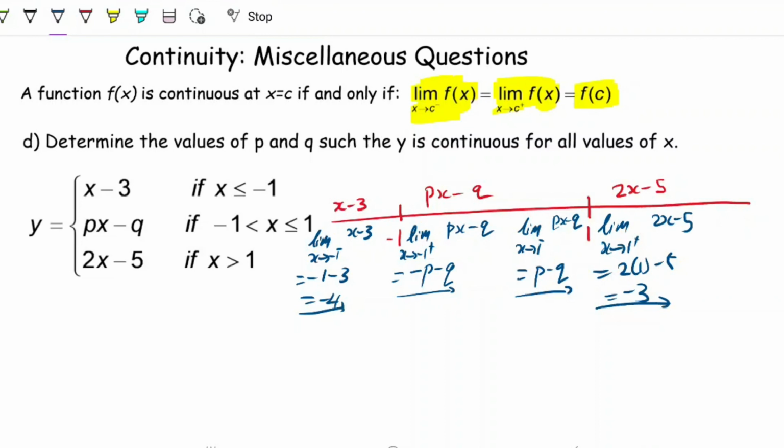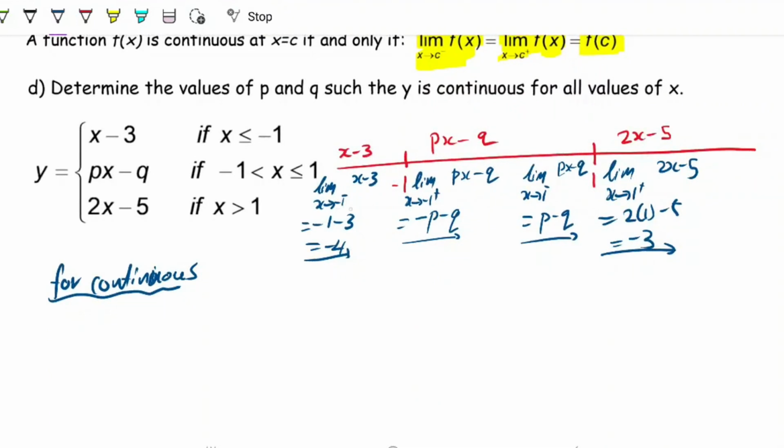So now we understand that for continuity to hold true for this function, because we want to prove that it's continuous everywhere, we know by the definition that when you're approaching any number from the left and right, those values should be equal.